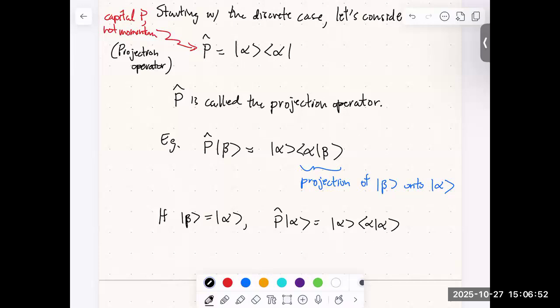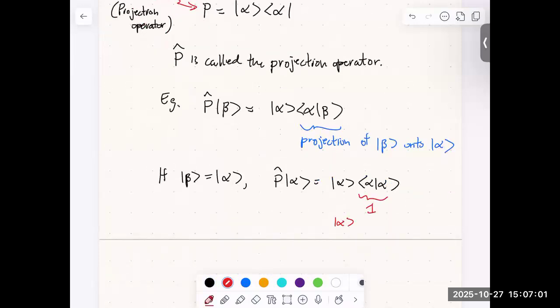If this is a normalized state, the inner product of alpha with itself is just 1. So alpha is perfectly aligned with itself.